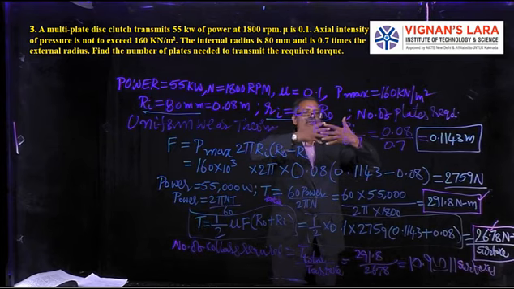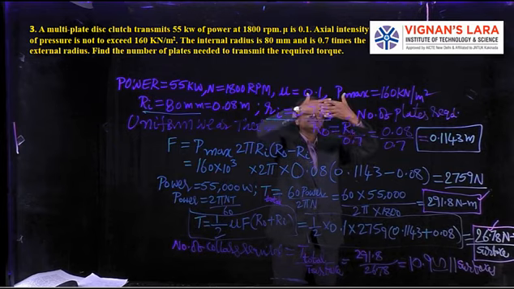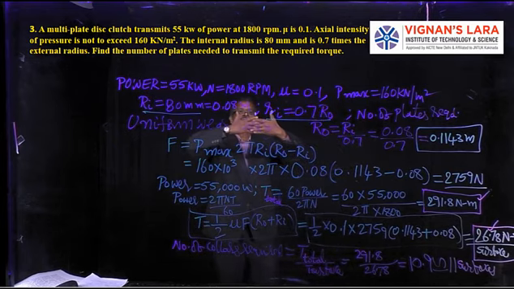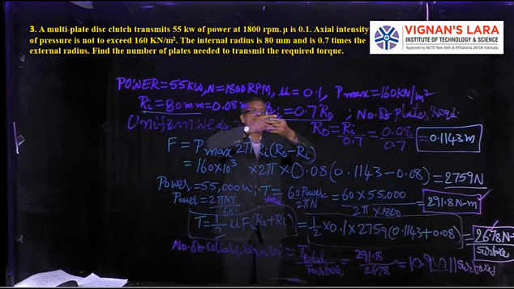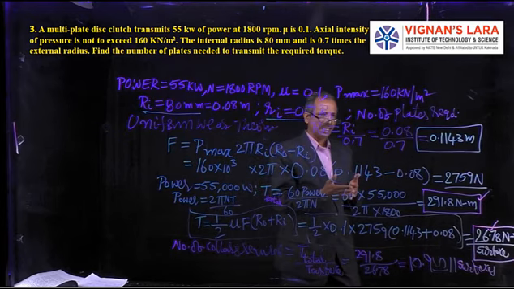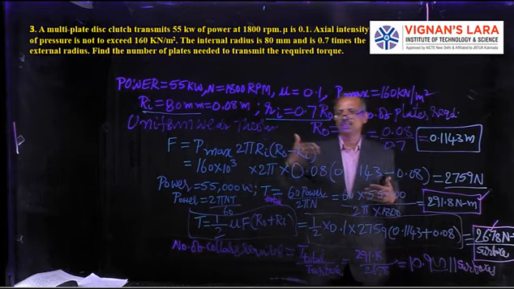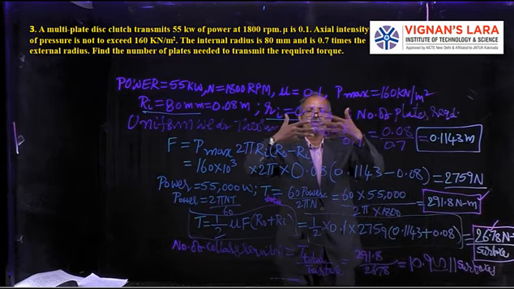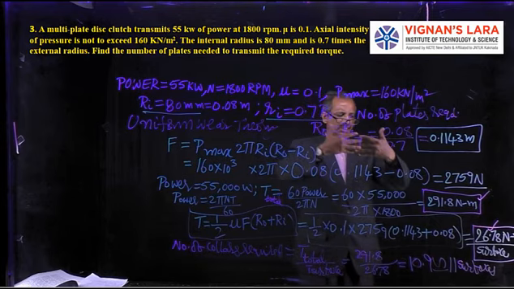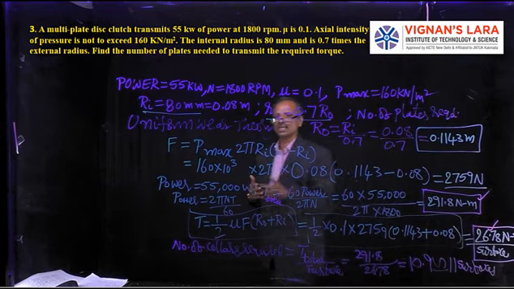If these clutch plates are meshing like this, how many surfaces do you get? 1, 2, 3, 4, 5, 6, 7. So N1 plus N2 minus 1. N1 is 4 plates here, N2 is 4 plates here. N1 plus N2 is 8, 8 minus 1 is 7. Similarly here, I need 11 surfaces.